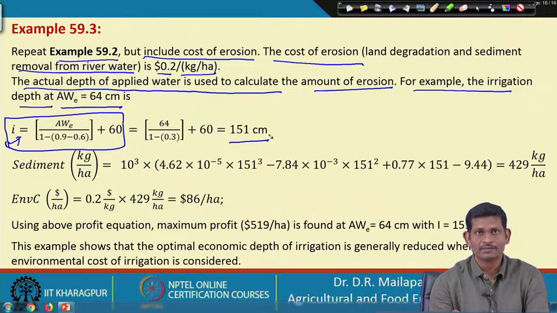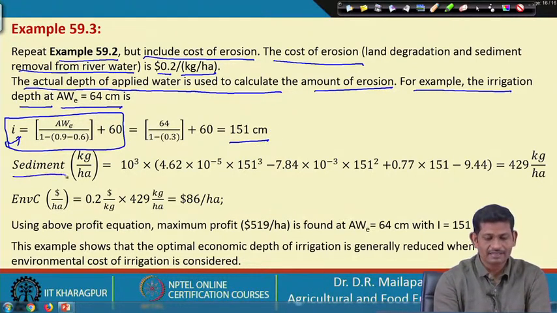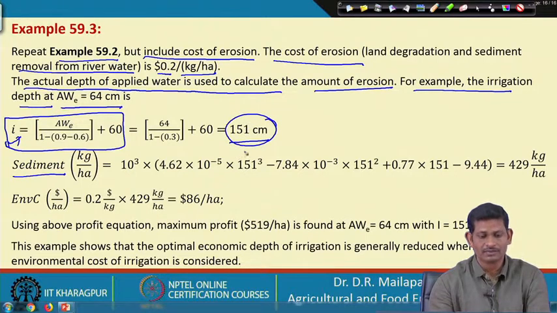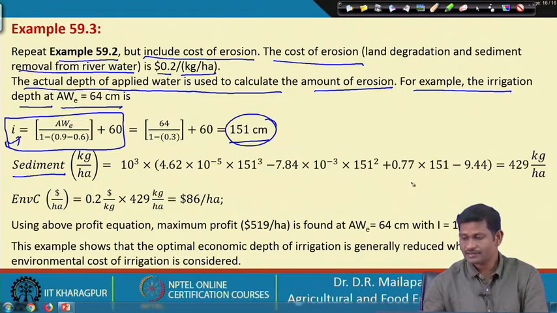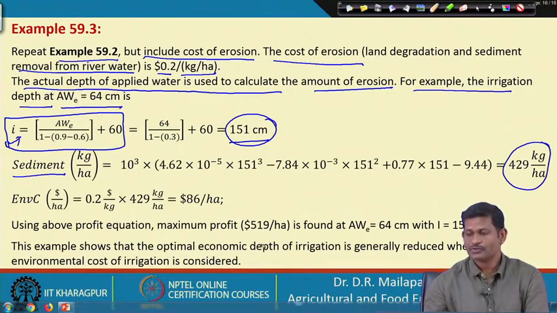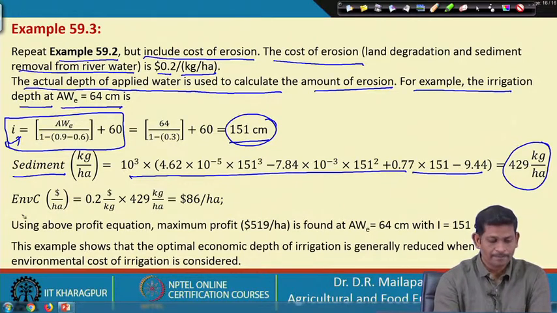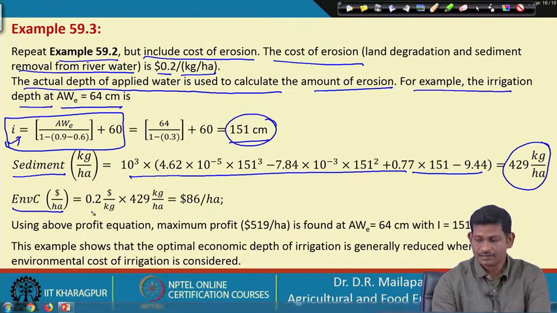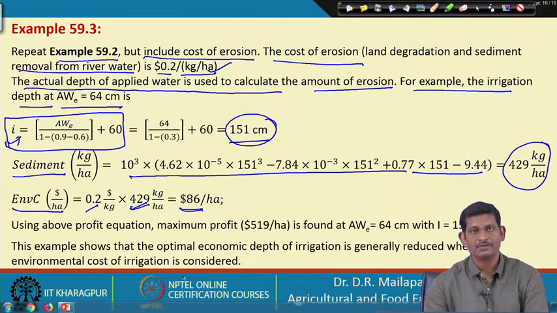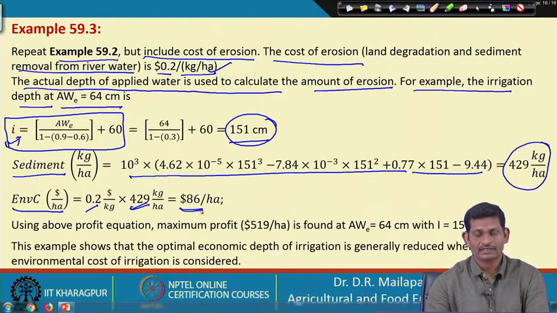This is 151 centimeter. So, this is the gross depth of water, and using this gross depth of water, the estimated sediment will be 429 kg per hectare using the empirical equation we defined before. Now, for 1 kg per hectare you have $0.2. So, $0.2 into 429 kg per hectare of sediment yield, and the total cost of sediment is $86 per hectare.